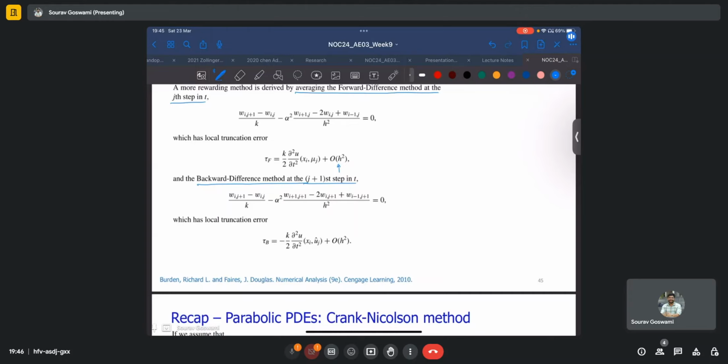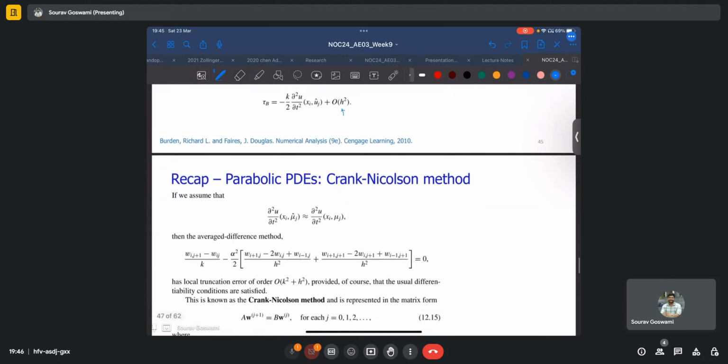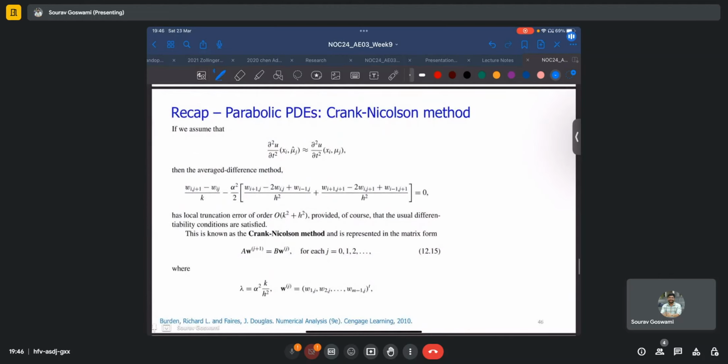It also has a local truncation error of the order of h square. And based on certain assumptions, we obtain the averaged difference method utilizing both the forward difference and the backward difference, which has local truncation error of the order k square plus h square.